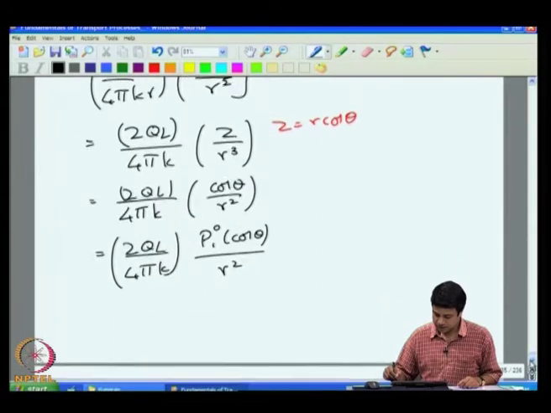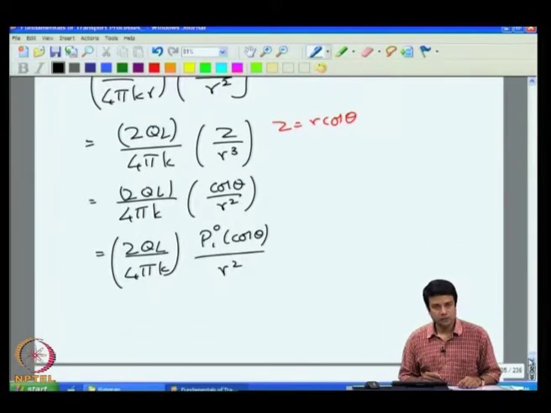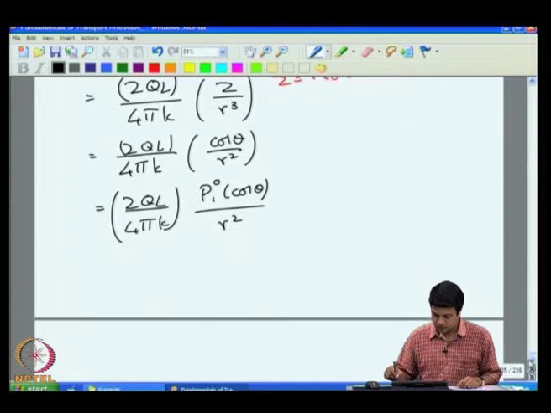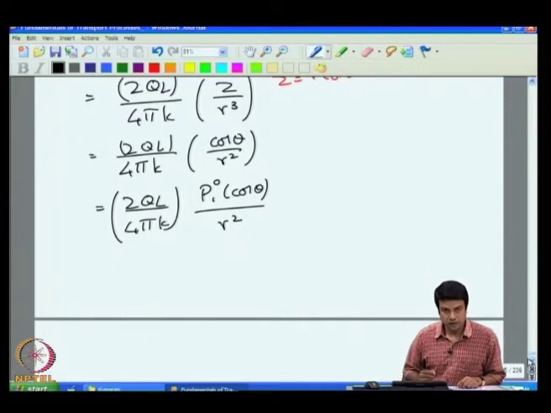Physically, what does this mean? Let us go back and recall our earlier solution for the temperature field that we had obtained by separation of variables.